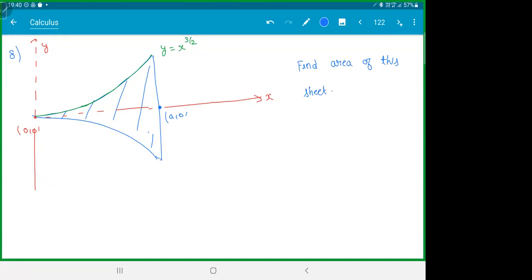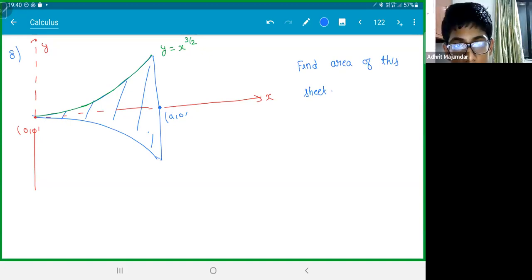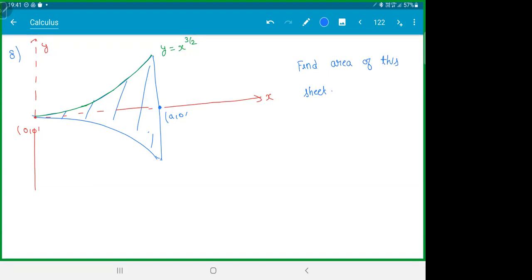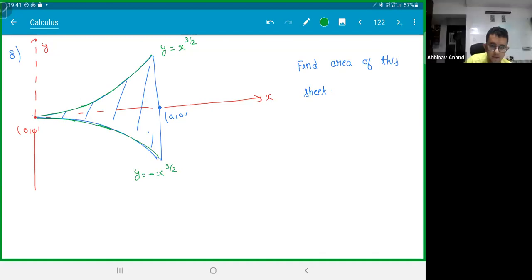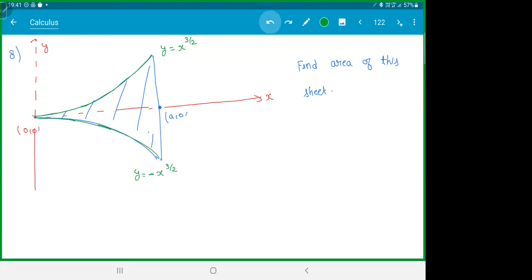It is symmetrical on both the sides. Up and down, it is symmetric. y equals x power 3 by 2 will give one side of the graph or both sides of the graph? This is only the upper side, na? Lower side का क्या होगा? Lower side will be y is equal to minus x power 3 by 2. Got it? So actually, if you can repeat the question, find the surface area of the sheet, na, the shape का area कितना होगा?